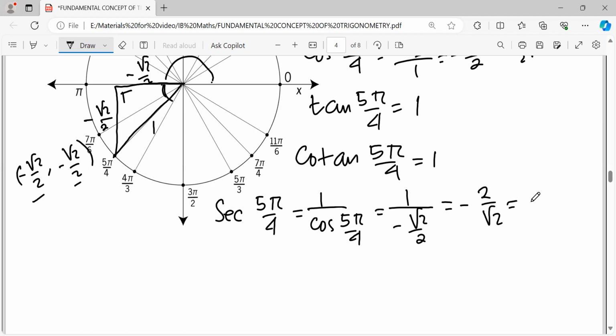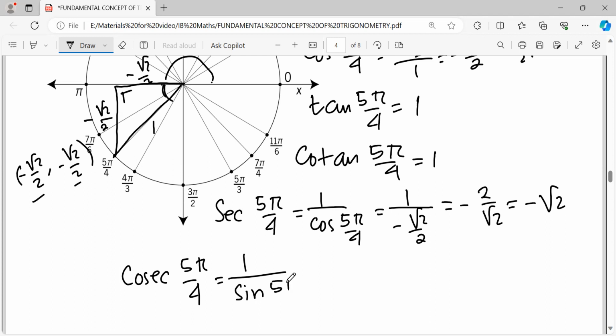Okay, or it's going to be negative square root 2, if you multiply with square root 2 over square root 2. Cosecant 5 pi over 4 equals 1 over sine 5 pi over 4, 1 over negative square root 2 over 2 equals negative square root 2.